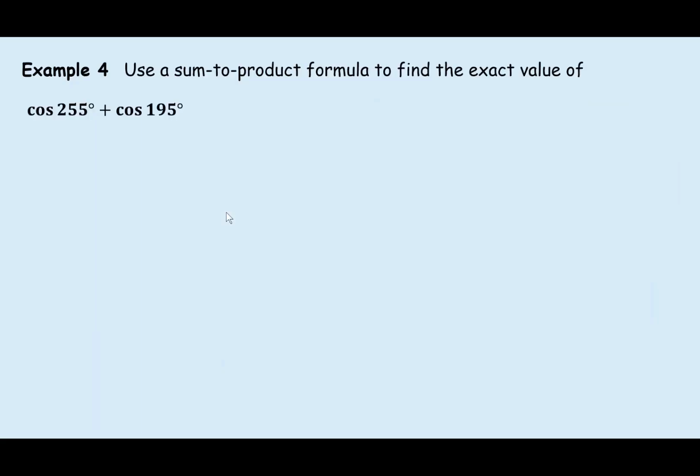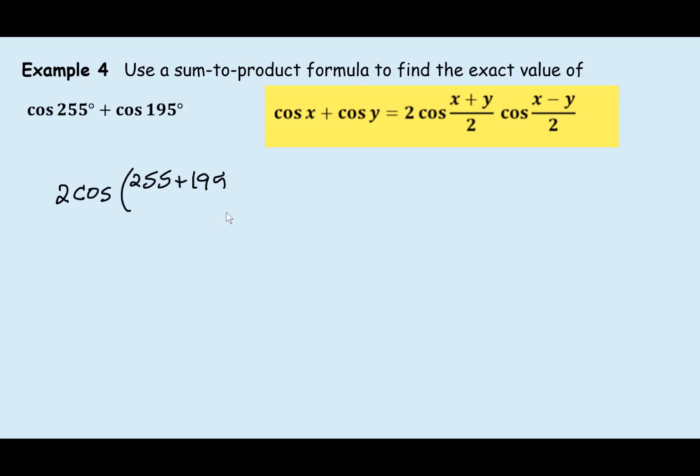Use a sum to product formula to find the exact value of cosine 255 plus cosine 195. So cosine x plus cosine y looks like this. And so we're just going to plug it all in there. So we're going to have 2 cosine of (255 plus 195) over 2, cosine of (255 minus 195) over 2.